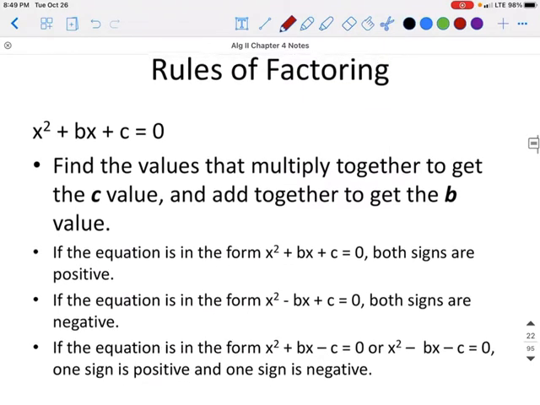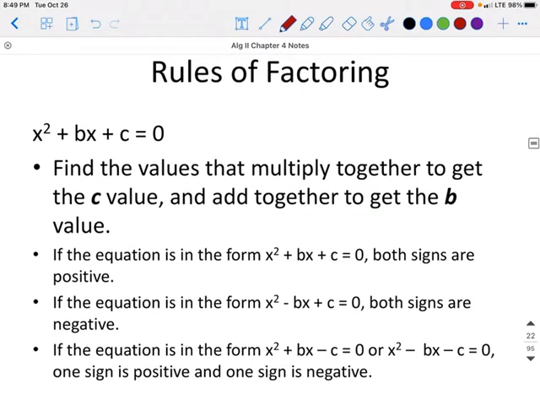The rules for factoring trinomials: a trinomial is in the form of x squared plus bx plus c equals 0. We're going to find the values that multiply together to give us the value of c, that add together to give us the value of b. If both signs are positive, then when we're factoring, both of your signs will be positive.